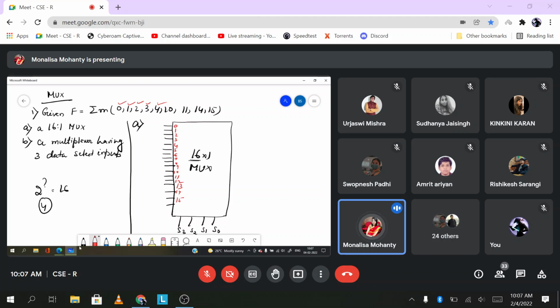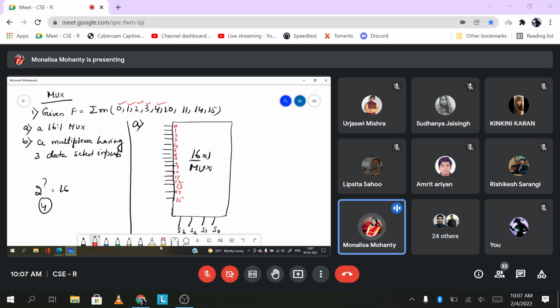So you are having 0 to 15 altogether, 16 number of data lines.